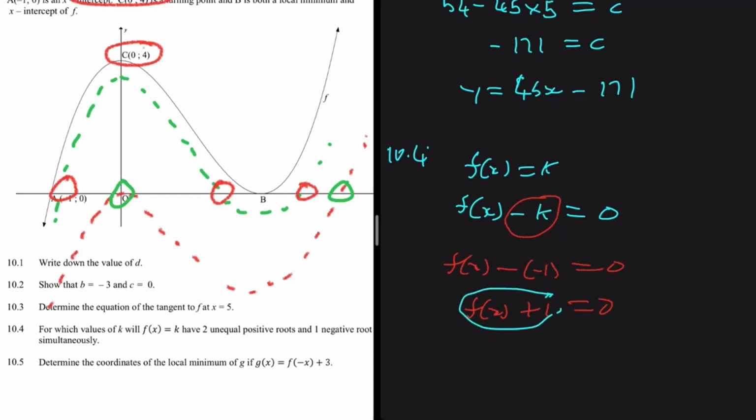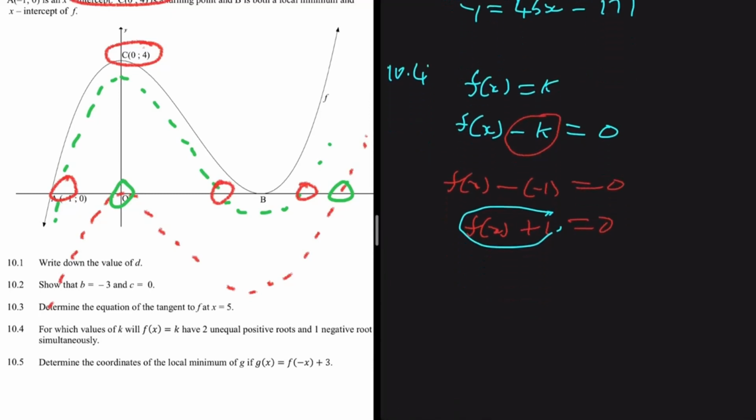So that tells us that k has to be greater than 0 in order for us to move our graph down. If k is less than 0, we are going to have a minus multiplied by a minus, which gives us a positive, and we'll actually be moving our graph up, and that's not what we want. So let's make sure that k is greater than 0.